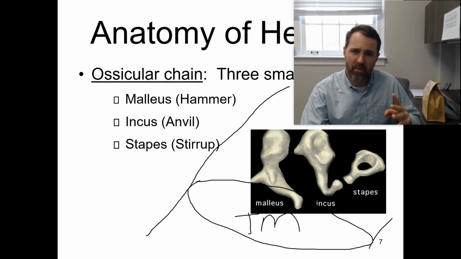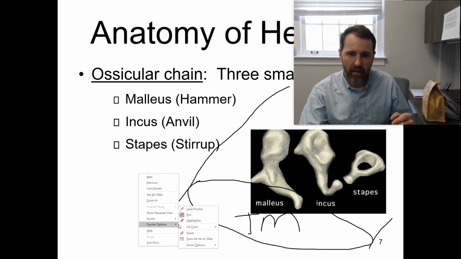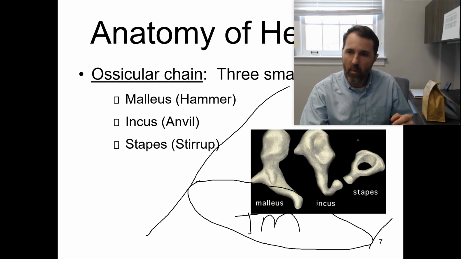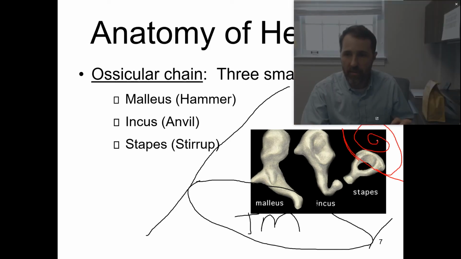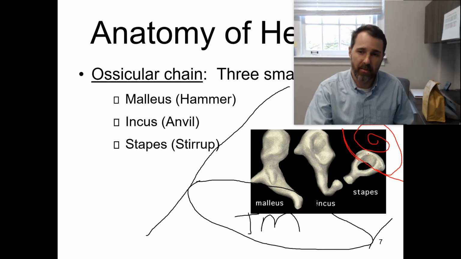So these 3 bones form a chain that connect the tympanic membrane with, and I'm just going to draw a very poor illustration here of the cochlea, okay? Now that is an extremely tiny cochlea, don't take that literally.